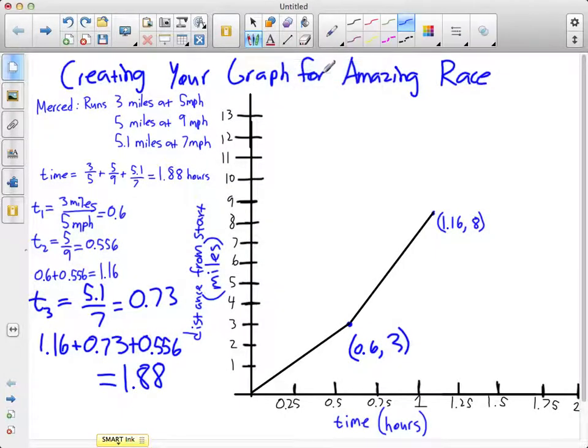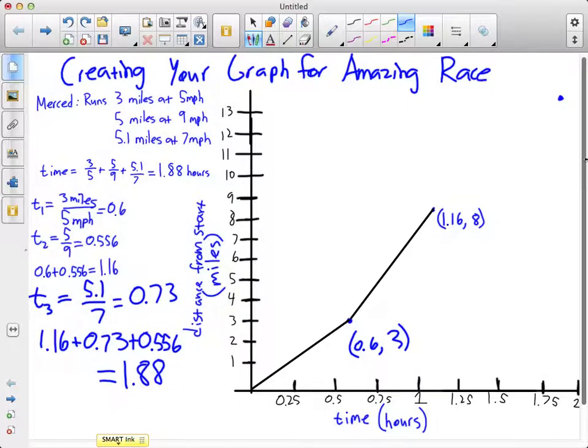So the last point is going to be 13.1 on the y-axis, because that's how far from the start line he is, and 1.88 here, about there. So that point is 1.88, comma 13.1.